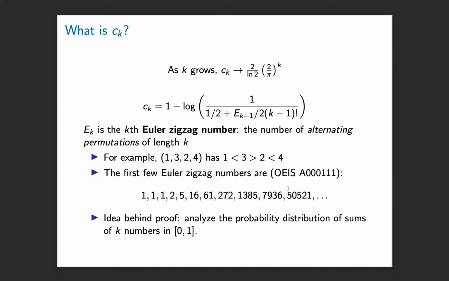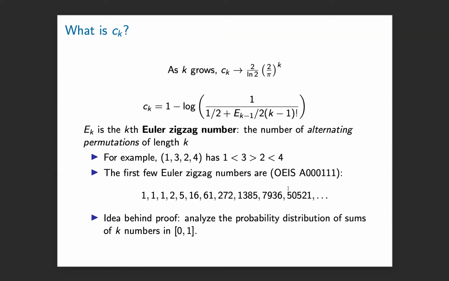An alternating permutation is one where we ascend and then descend and then ascend and then descend. Here are the first few. We actually arrived at this conclusion backwards by trying out small values and then plugging it into OEIS, and we get this out and we try to do the math to make it show up, and we kind of do.